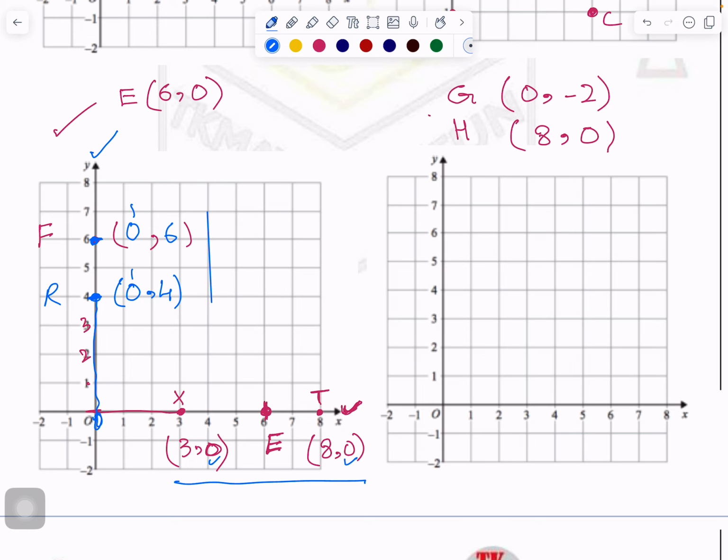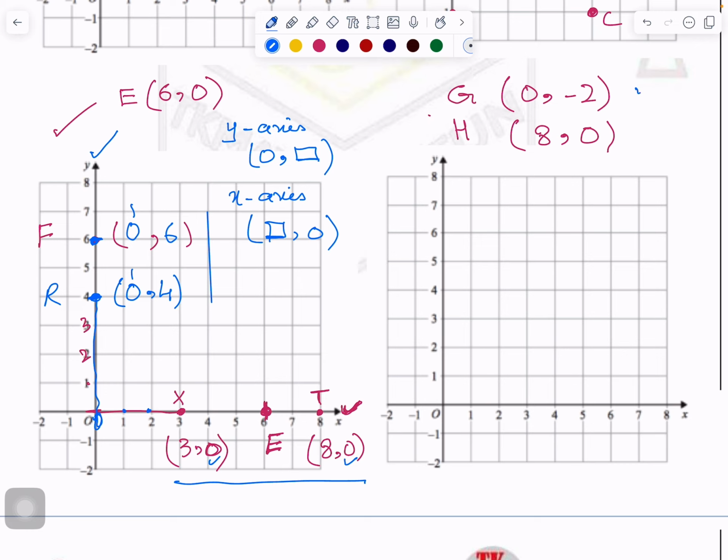So on the y-axis, the x coordinate is always 0 and y coordinate will have a value. Similarly, on the x-axis, no matter which point you pick up, the y coordinate will be 0, but x coordinate will have a value. Correct.